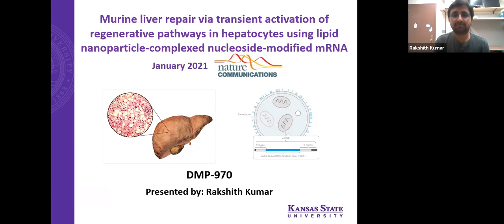I would like to find one more hepatic mitogen to give in combination with it, because the results at this time point they have shown are not efficient. So I would like to make a more efficient mRNA therapy by using any other hepatic mitogen singly or in combination with these mitogens. And then I will develop a study for that.